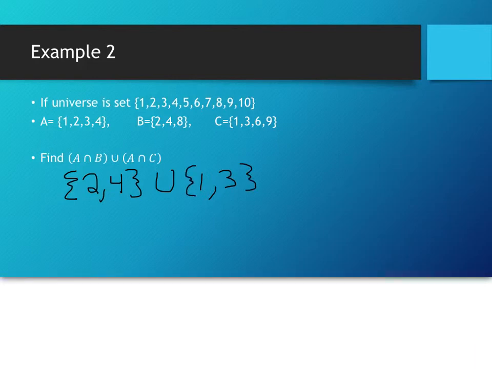So in this case, I get again 1, 2, 3, and 4. 1, 2, 3, 4 is the answer again.